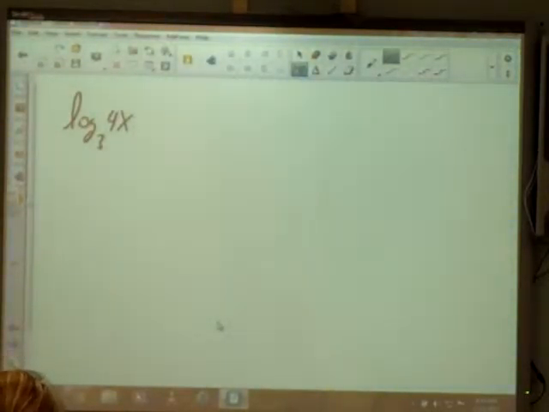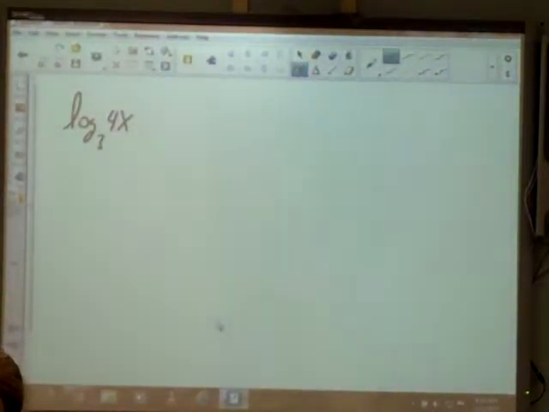We've got the condensed version there, and we're going to expand it. Looking at the properties you copied down, the condensed version is the one on the left. It only has log written once. We're going to expand it out, where we've got log written several times. So what is in that expression? I got a 4x.